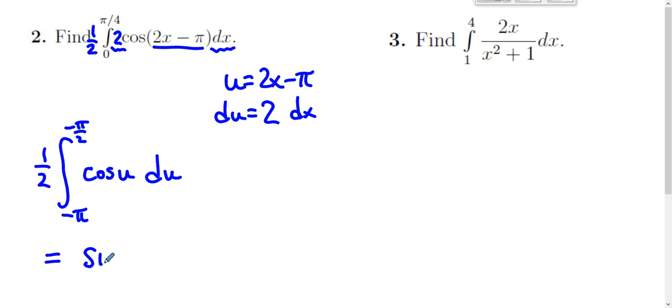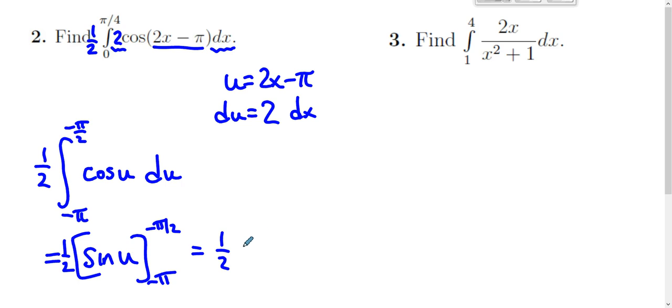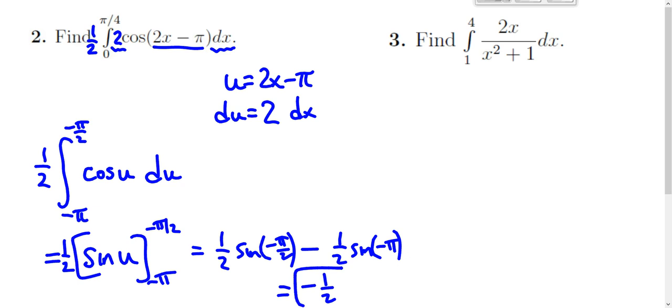Fundamental theorem part 2 says you find some antiderivative, sub, and subtract. Sub, and subtract. And that turns out to be -1/2.